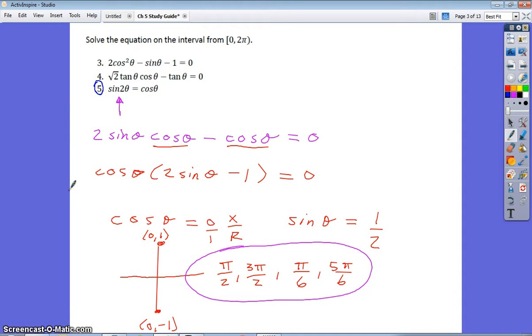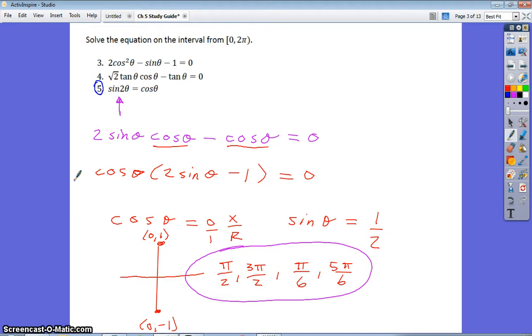So number 5, you want to figure out the angles that will satisfy the equation. The first thing I did is I made a substitution for the sine of 2 times theta. That's a double angle identity: 2 times sine theta times cosine theta. Then I subtracted cosine theta from both sides, so I ended up with 2 sine theta cosine theta minus cosine theta equal to 0.